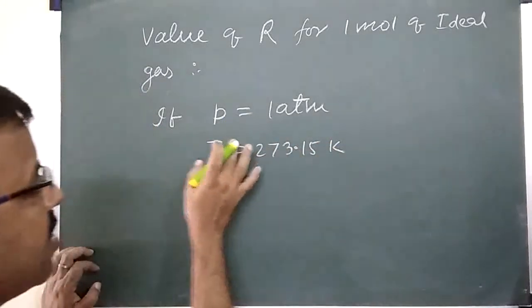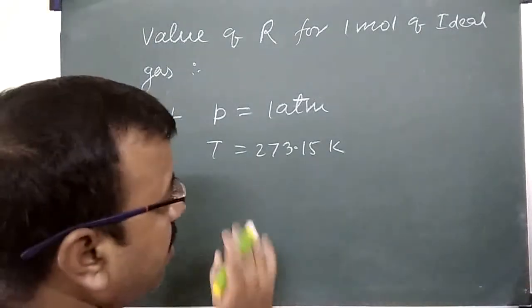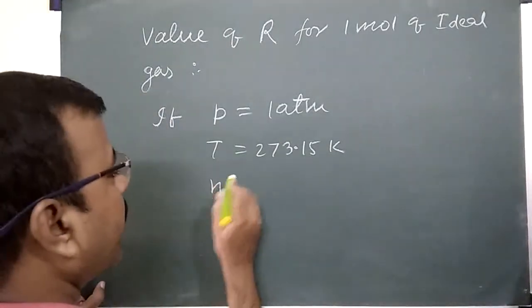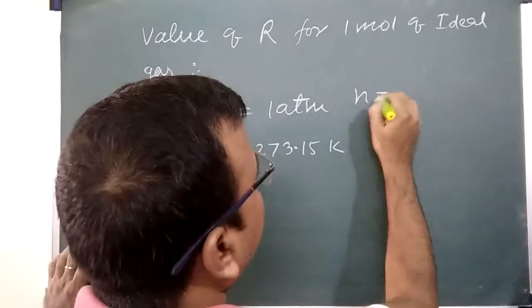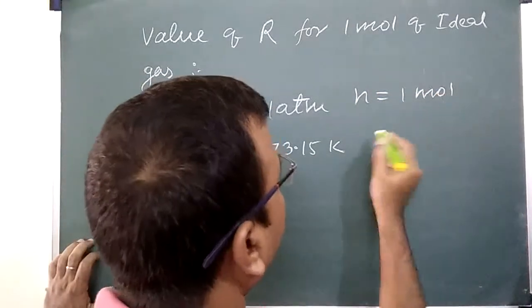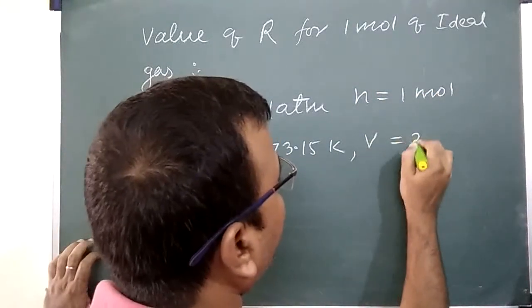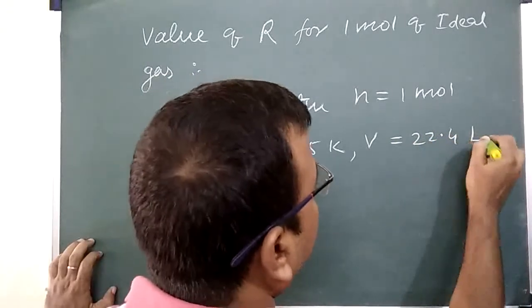So this is the STP. If number of moles of gas is 1 mole, so what would be the volume? Volume will be 22.4 liter.